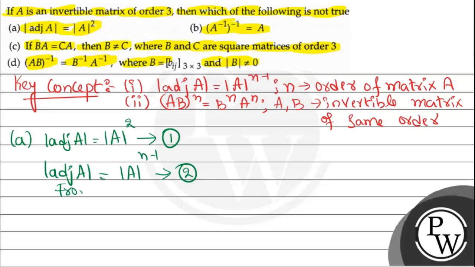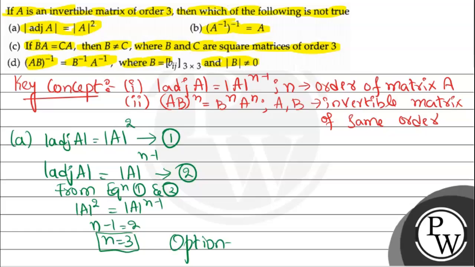From equations 1 and 2, determinant of A whole square is equal to determinant of A to the power of n minus 1. So n minus 1 equals 2, so n is 3. n is nothing but the order of the given matrix, which is 3, and in the question they also mentioned that the order of the matrix is 3. So option A is correct.